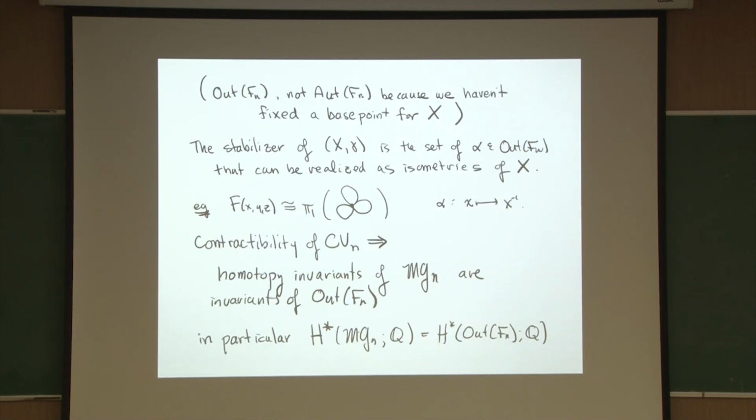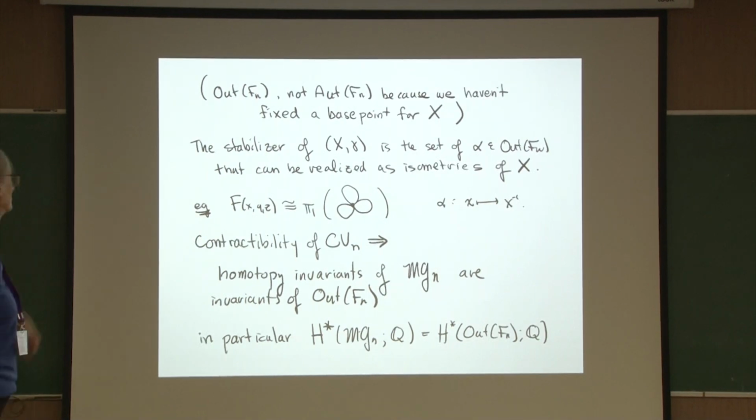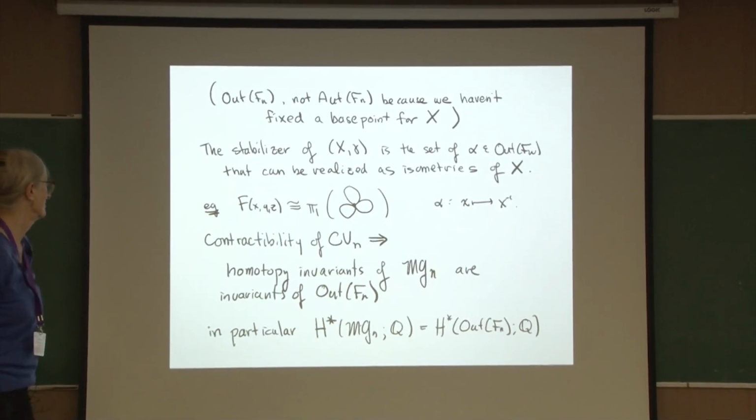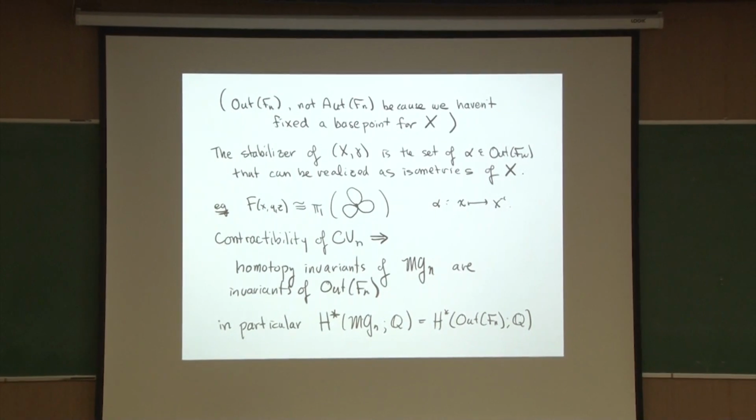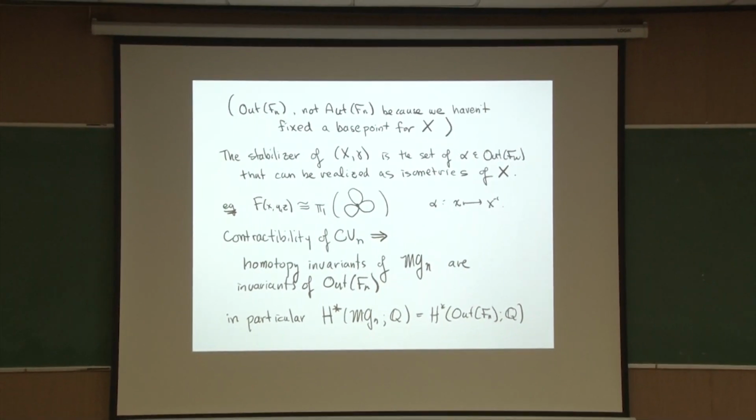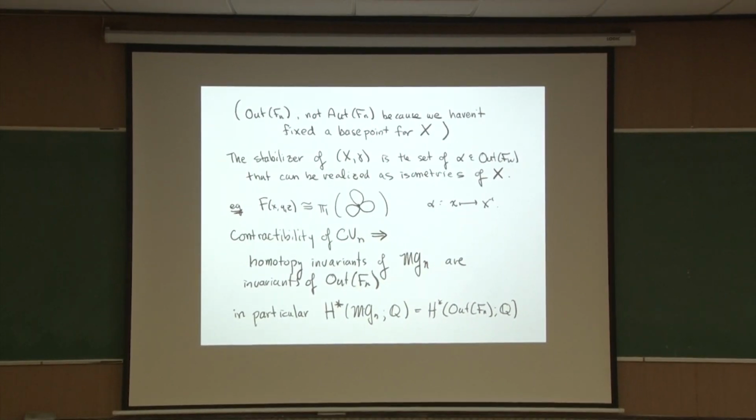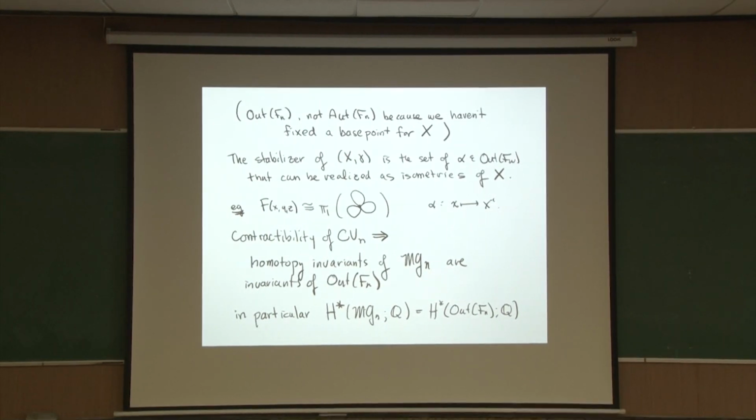It's pretty easy to see that the stabilizer of a point under this action is just the set of automorphisms of the free group that can be realized as isometries of X. For instance, if my point is just this rose on 3 generators, and I've identified the fundamental group by sending x to that loop, y to that loop, and z to that loop.